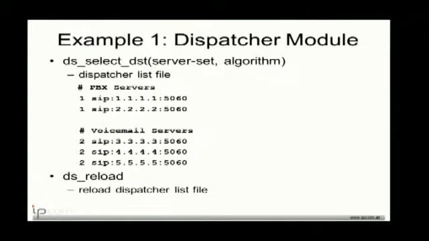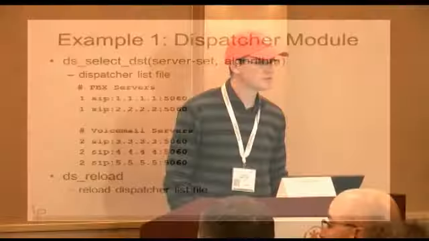So let's start with the first option, the simpler one, using the dispatcher module. There are several functions. The most used one is ds_select_dst. It means dispatcher select destination. And you tell the function which server set should be used and which algorithm it should use for the load balancing. So there you have a configuration file, usually on the hard disk, where you define the server sets.